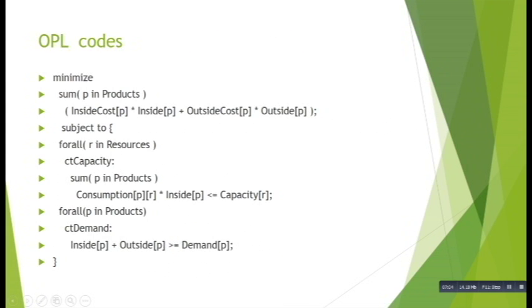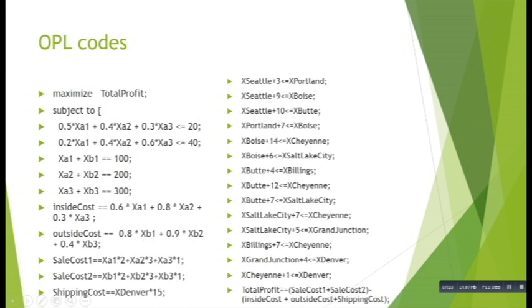This is the OPL code from the IBM, and you can see we have to take a look at the inside product, the outside products, the demand of the customer, and the limit of capacity of the resources. And this was in my OPL code.